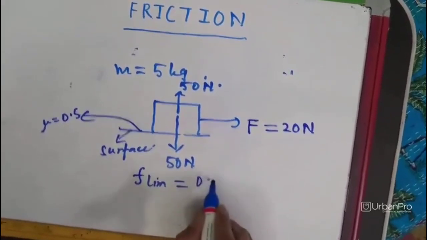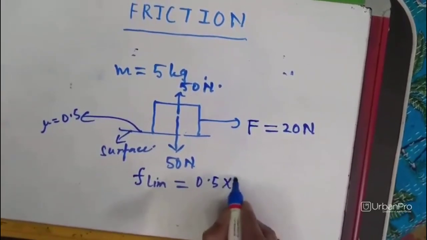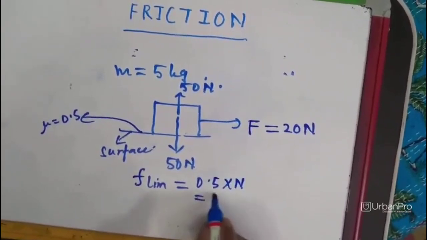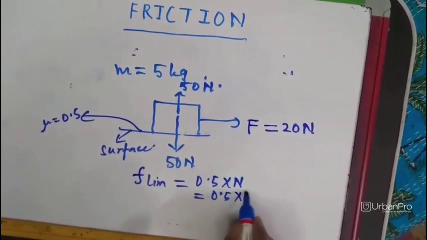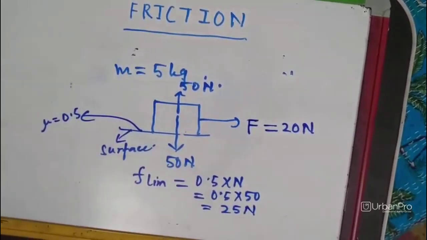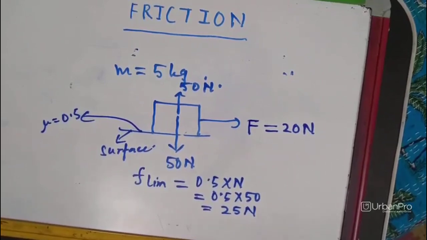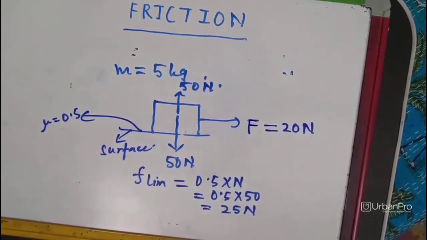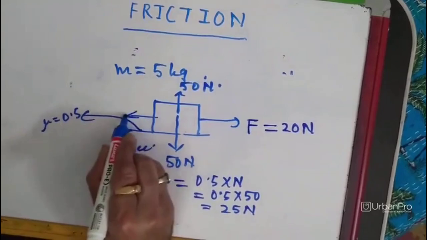By definition, it is 0.5 into N, which is 0.5 into 50, which is 25 Newton. So a maximum of 25 Newton friction force can act towards the left. But will it?